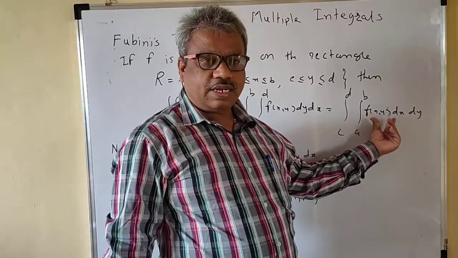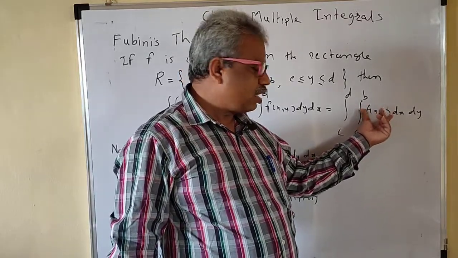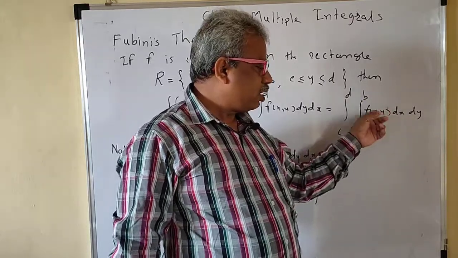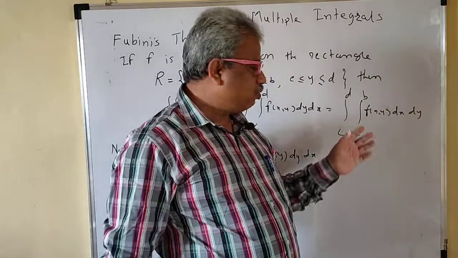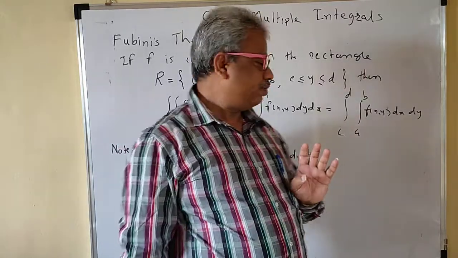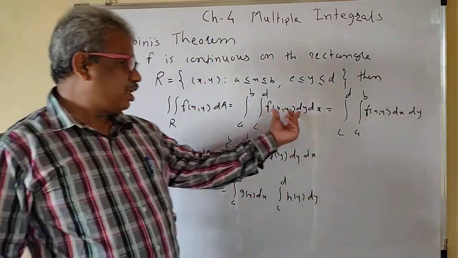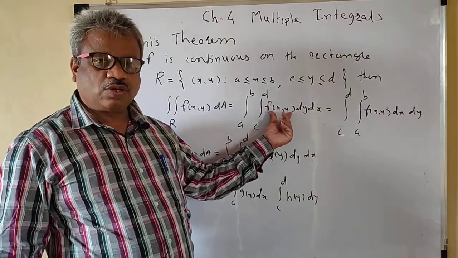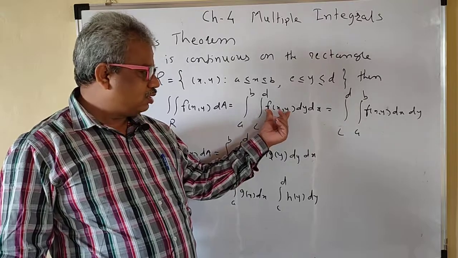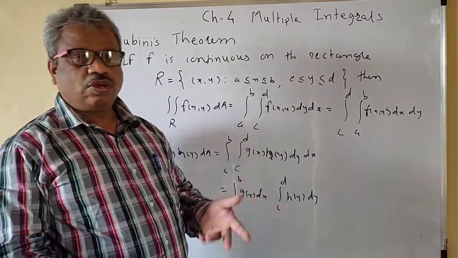When you integrate with respect to x, you have to take y as a constant. Then you put the limits of x, x is removed, only the function of y remains, and then you can integrate with respect to y. Here also the same thing: integrating with respect to y first means you keep x as a constant and use the usual formula.